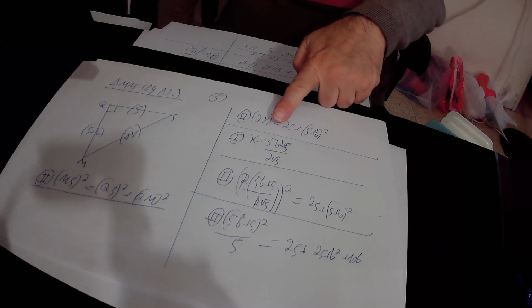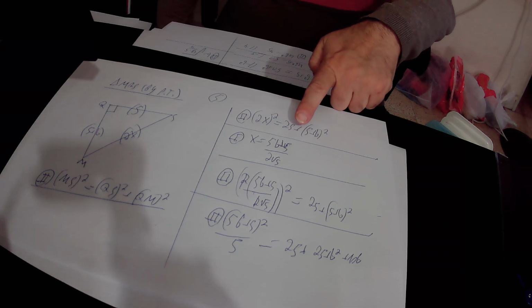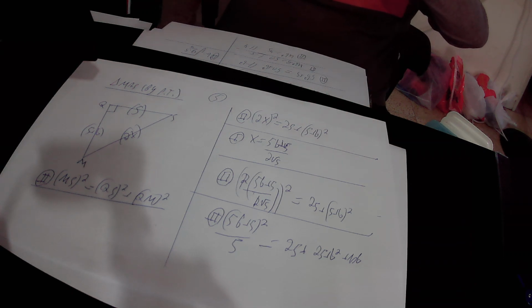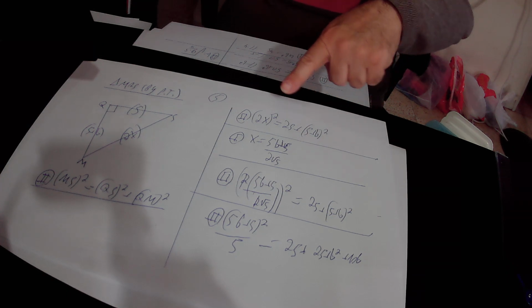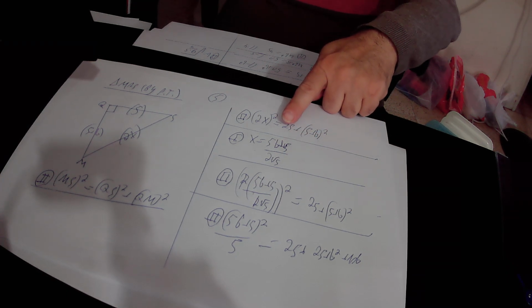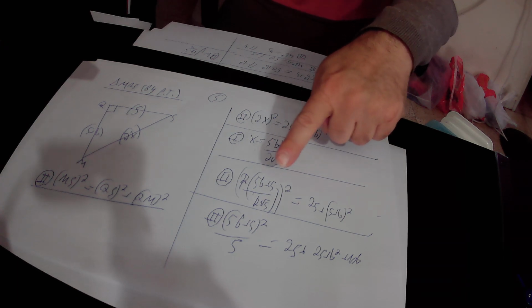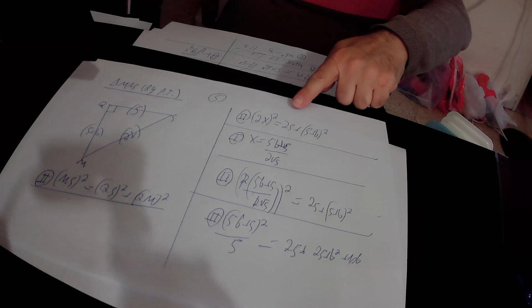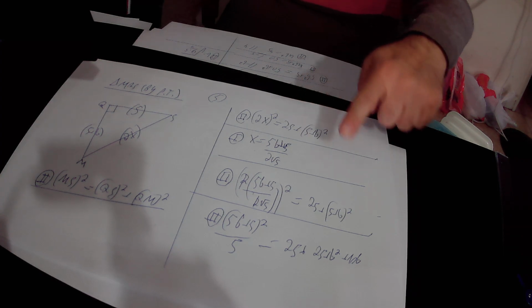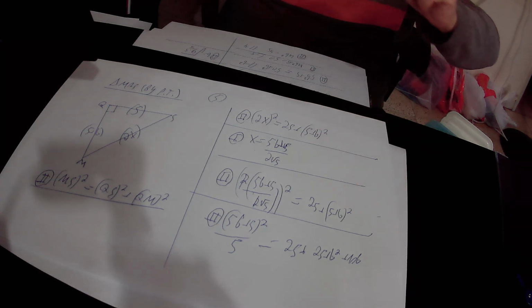So according to equation number 2, we have (2x) squared, where x is (5b plus 5) over 2 times the square root of 5, and it is equal to 25 plus (5 plus b) squared.